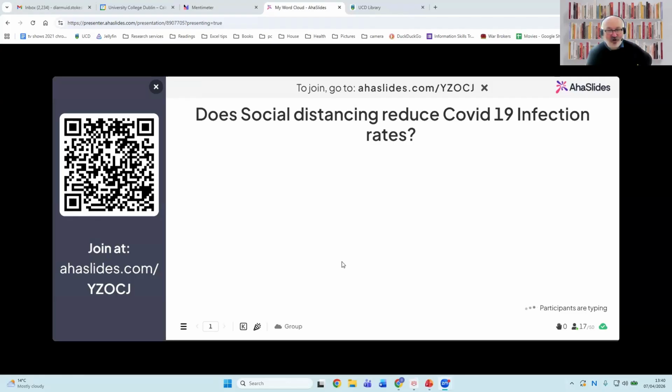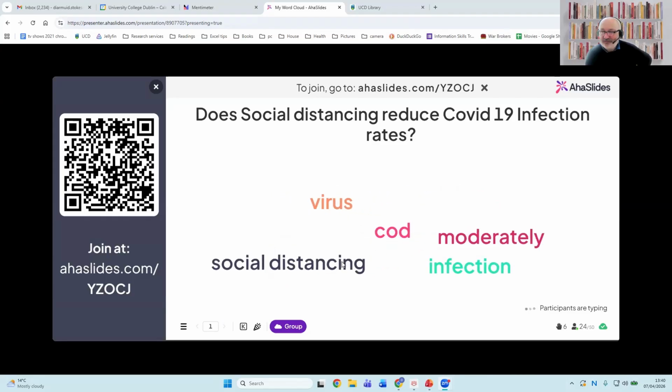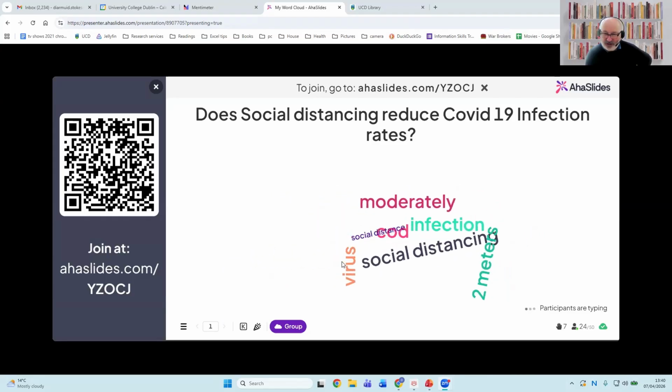And remember, at this stage, there are no wrong answers. So remember when we were getting all those messages from the HSC about social distancing, what were they continually telling us? 2 meters, terrific.